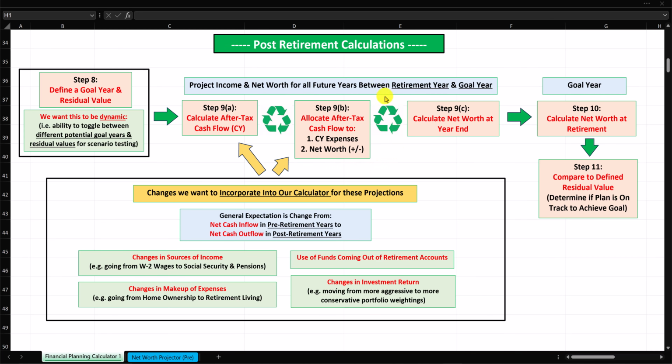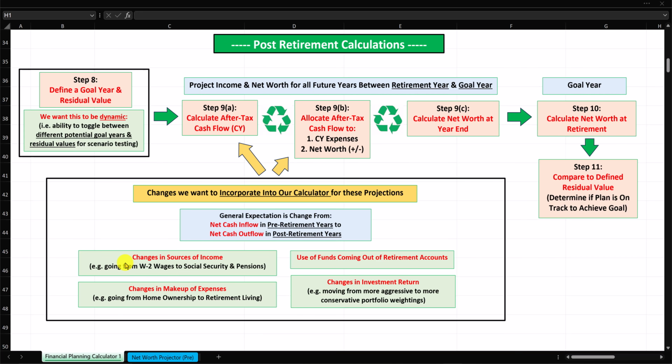However, right here in step 9B in the post-retirement calculations, it's a very common situation to see net worth decreasing because people are generally using up funds or assets that have been accumulated over the course of their life during their retirement years. So our calculator needs to be able to incorporate this kind of general change in expectation.